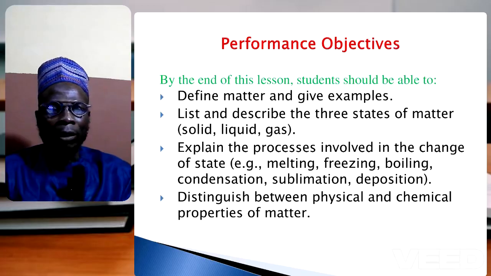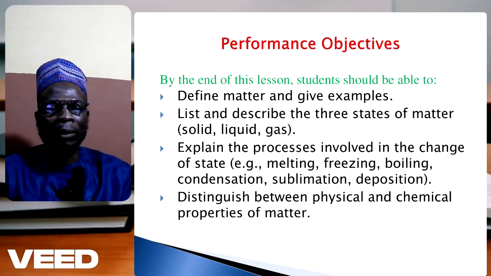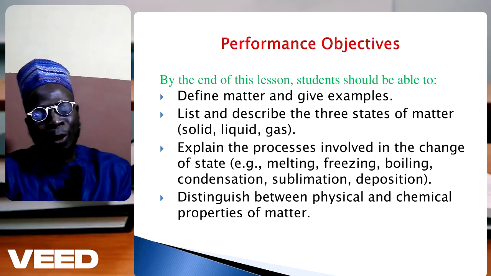At the end of this lesson, you should be able to define matter and give examples of matter, list and describe the three states of matter, that is solid, liquid, and gases, explain the processes involved in the change of states. Likewise, you will be able to distinguish between the physical and chemical properties of matter.